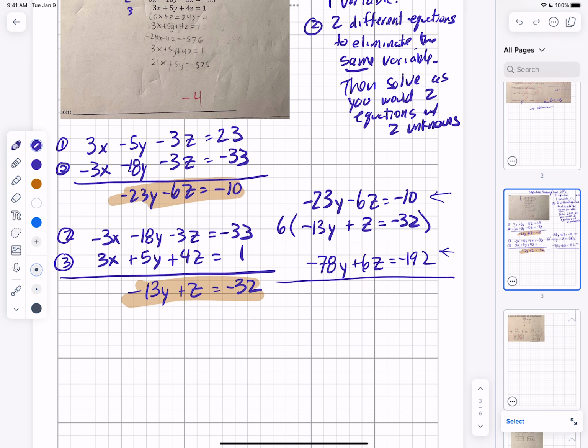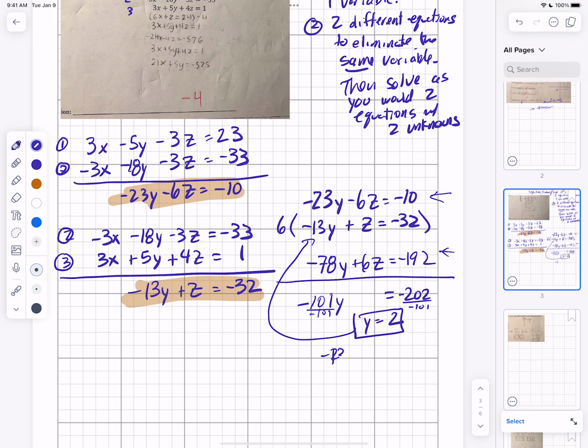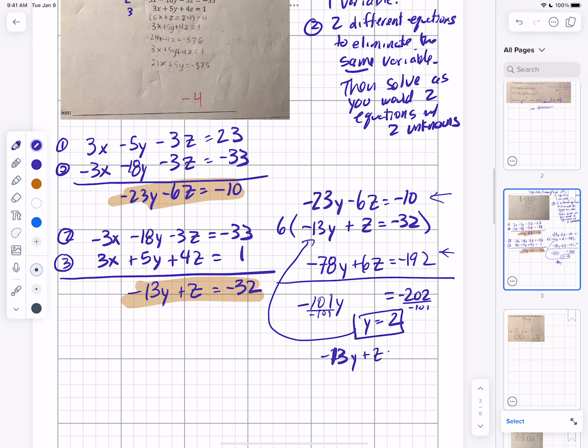Now I just need to take this one, and I will add down. Okay. So if we add down, we get negative 101y equals negative 202. Nice, they gave us some easy numbers, so y equals 2. If we divide both sides by negative 101, so y equals 2. If we plug that back into, say, this equation here, we get negative 13y plus z equals negative 32.